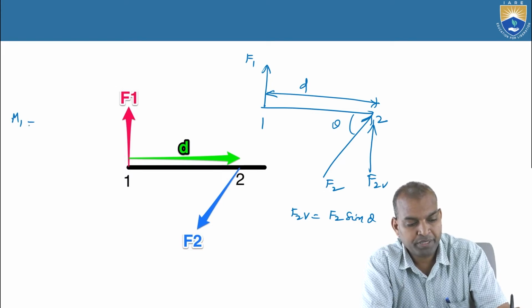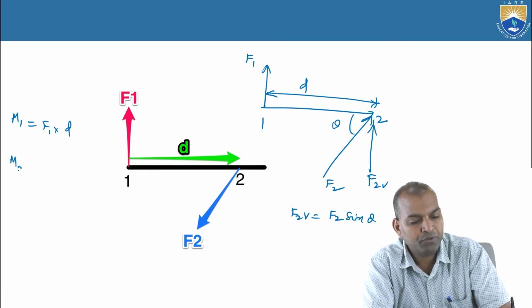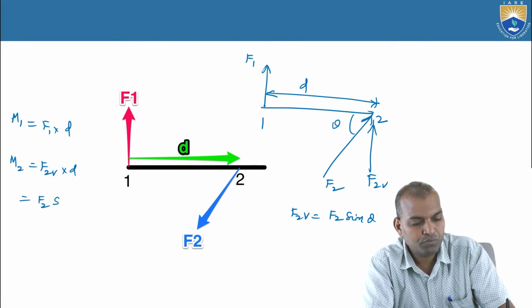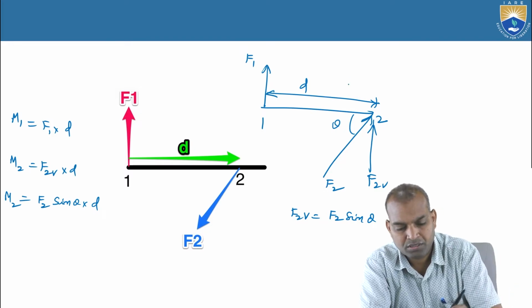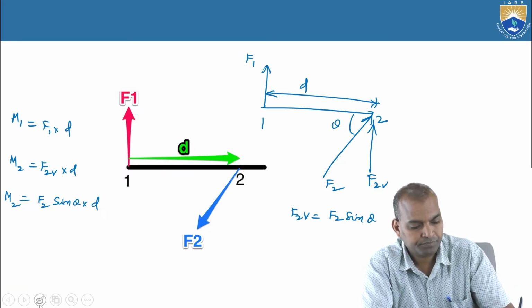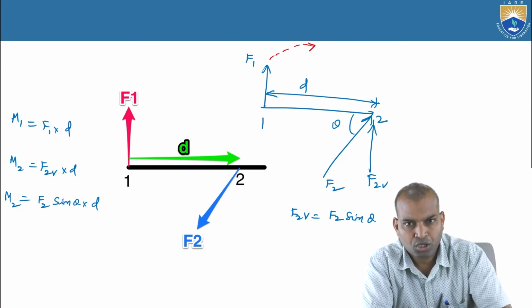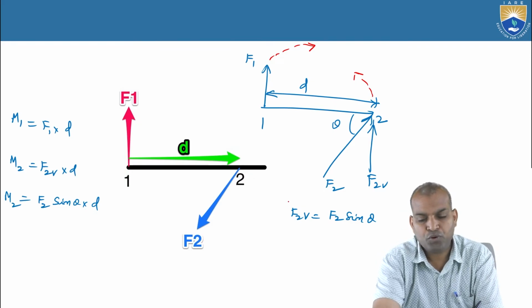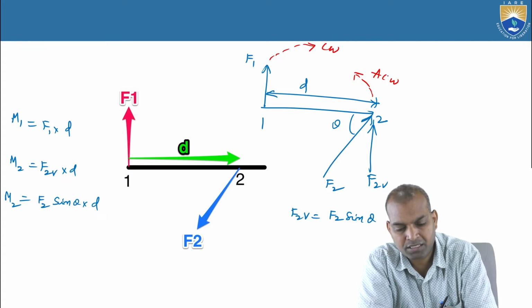Moment M1, the moment of the force F1, is F1 into D. And the moment of force M2 equals F2V into D, that is F2 sin theta into D. F1 is in the clockwise direction and F2V, caused by the F2 force, is in the counterclockwise direction.